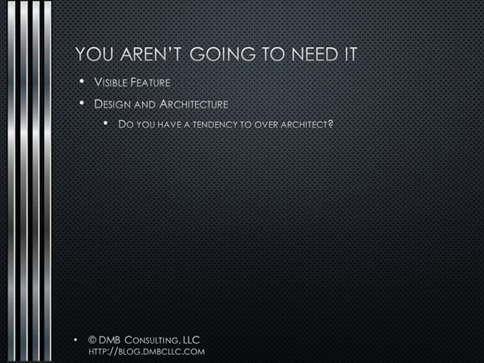Now I know this is an impossible question to answer, because I think all of us think we architect to just the right level. So what are some signs that you've gone too far? Well, one of them might be how you defend your decision to write your code in a particular way. If your answer is anything remotely like, "well, we might need it to do...", you're probably over-architecting.